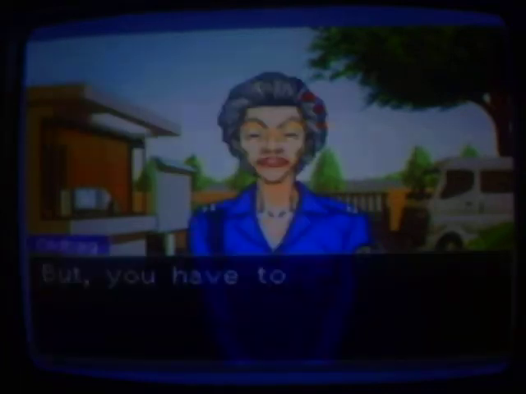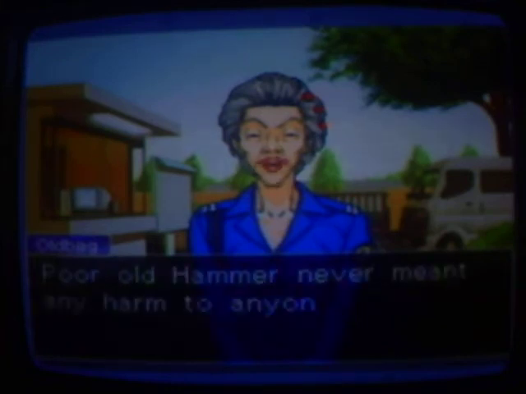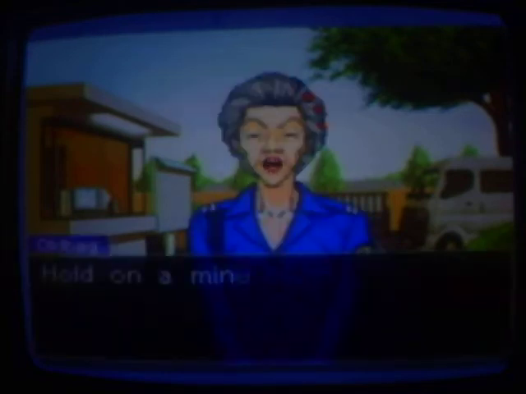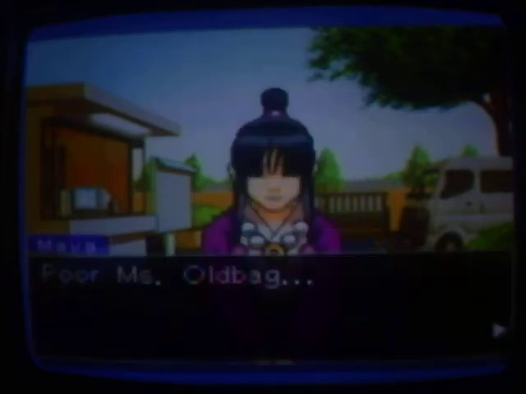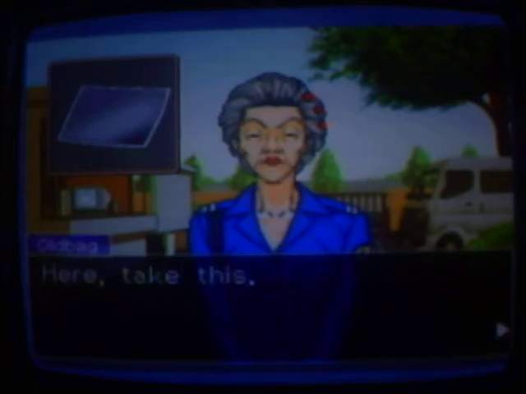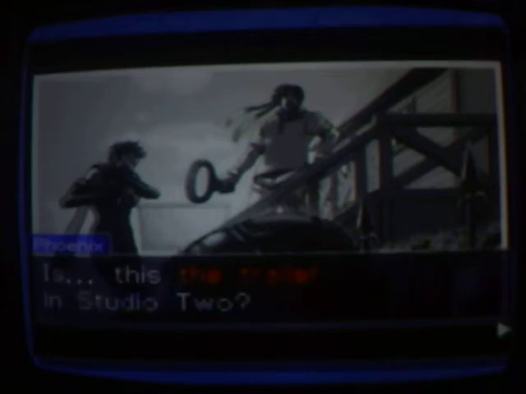I see. But you have to understand, poor old Hammer never meant any harm to anyone. Miss Oldbag. Hold on a minute. Poor old Miss Oldbag. Here, take this. A photograph? Wait a second. This is a picture. Is this the trailer in Studio 2?